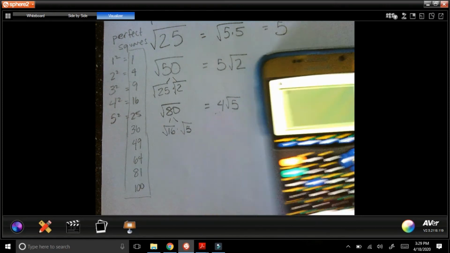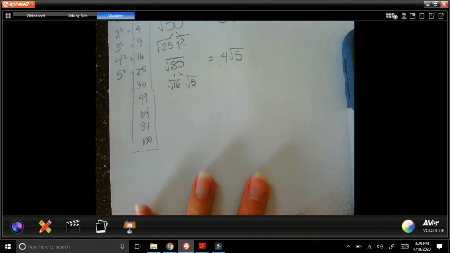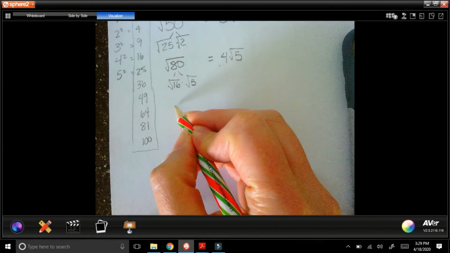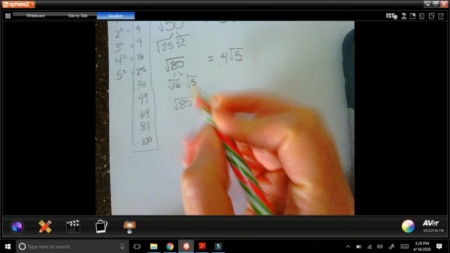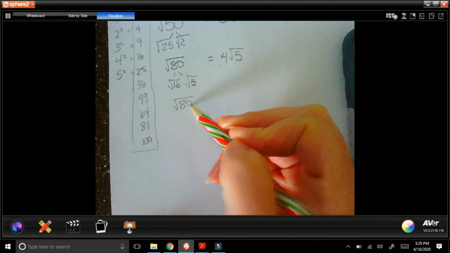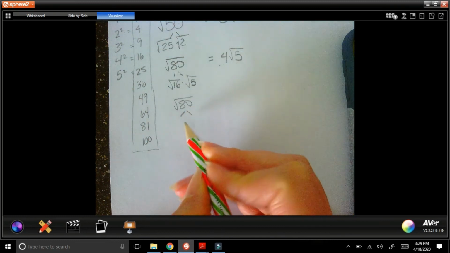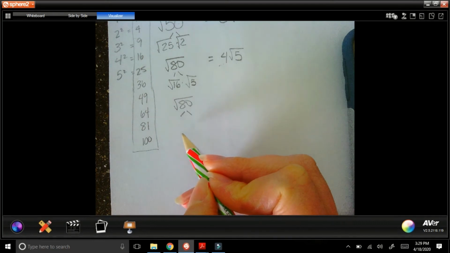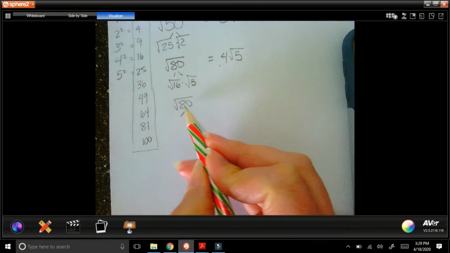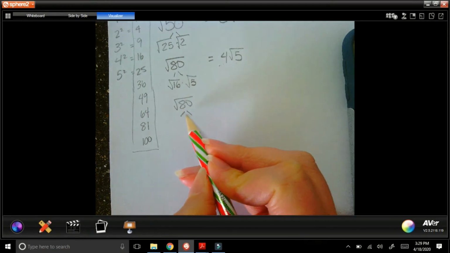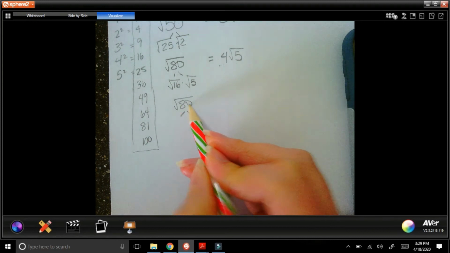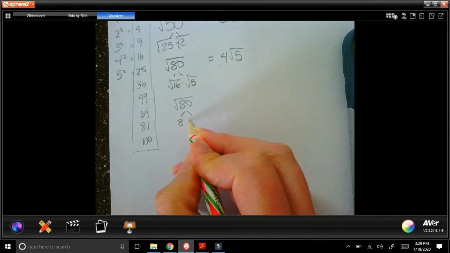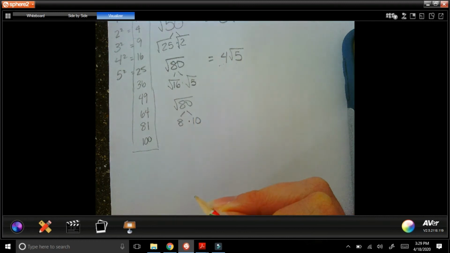Okay. The other method that you could use to do the same exact problem is, let's say you couldn't find the perfect square that goes into 80. What you could do is make a prime factorization or a factor tree. If you remember doing that probably at the middle school level, you took 80 and you divided it into the factors that go into it.